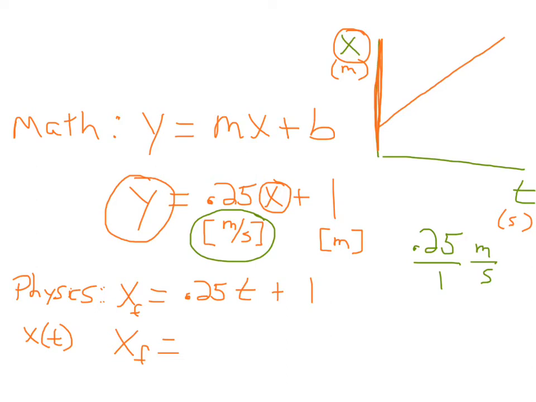And if we also look at this as, well, meters is a unit of measure of distance, and seconds is a unit of measure of time, we can kind of relate this to speed a little bit, and we can talk about this as miles per hour. Meters per second and miles per hour are similar units in that it's a distance over a time. And so what we talked about in class is that this 0.25 is actually the velocity of the object, v.